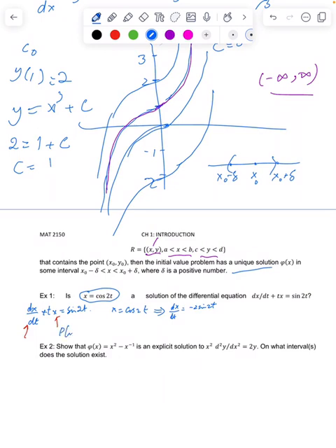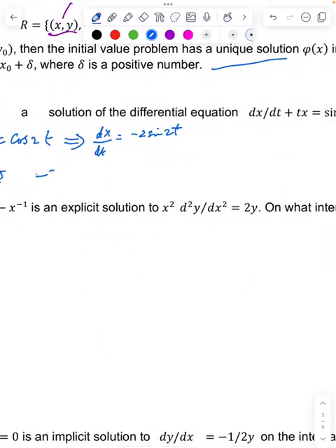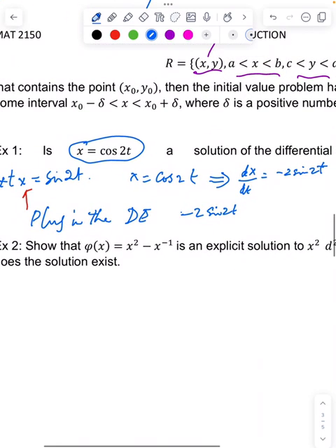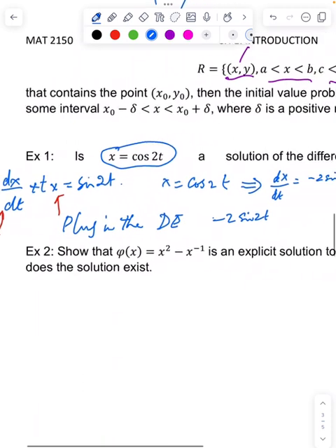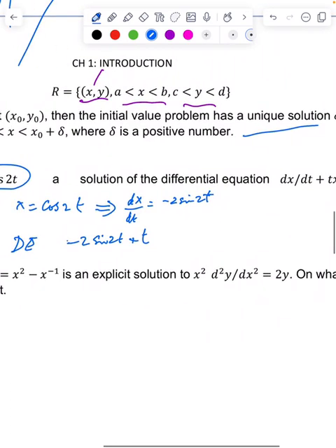So when I plug in the derivative, dx by dt, plus tx, t is just t, x will be cosine of 2t.